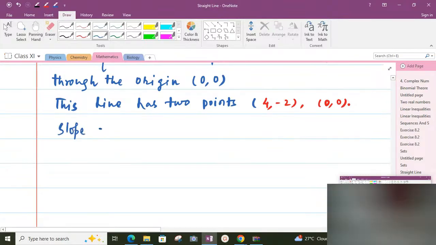slope m equal to, when 2 points are given, then we write down (y2 minus y1) by (x2 minus x1).